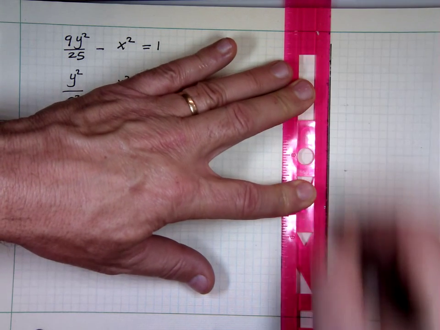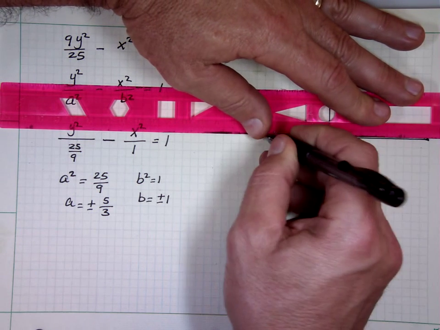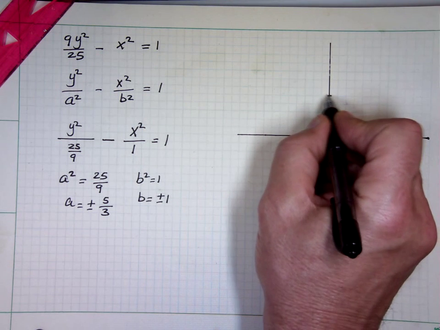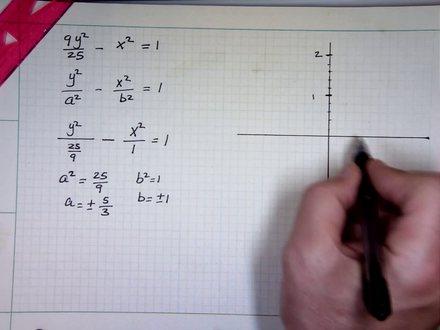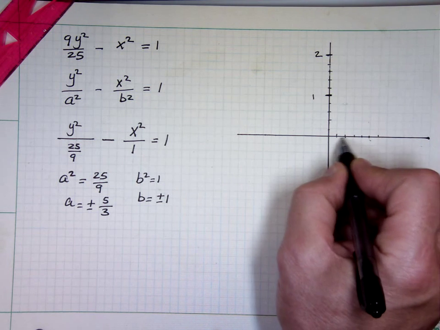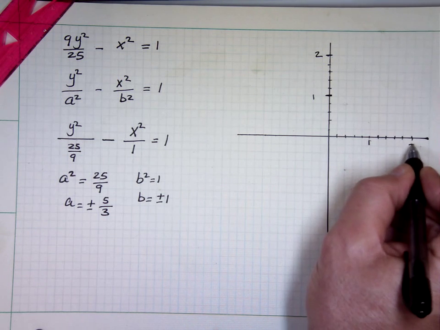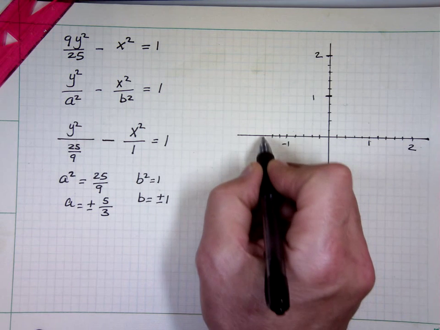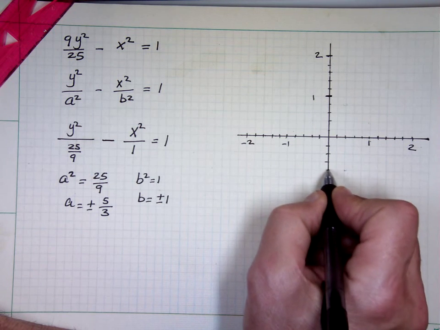Just to make it big, I'm going to make each one of them. Here we go. This is 1. This is 2. I'm making the scale really big. This is 1, this is 2, negative 1, negative 2, negative 1, negative 2.